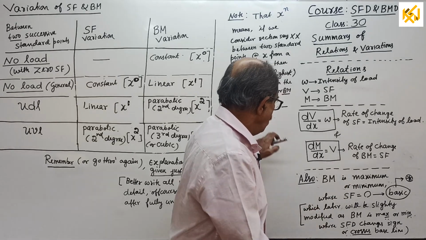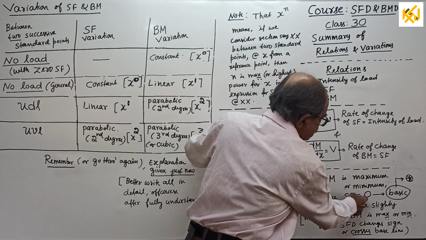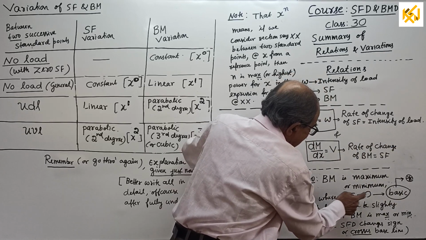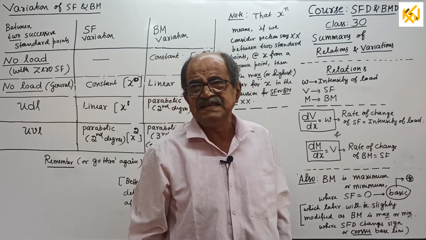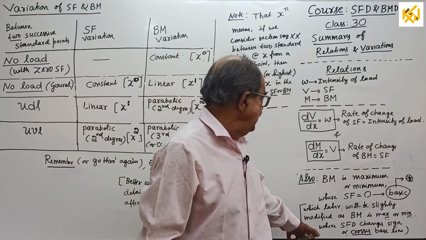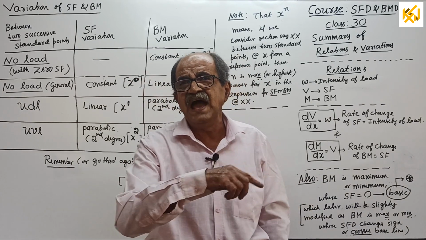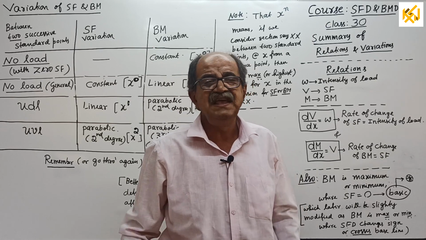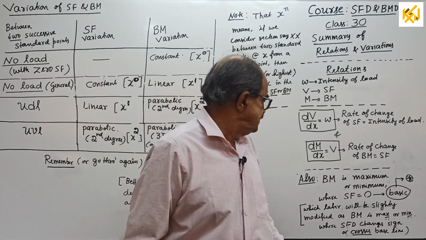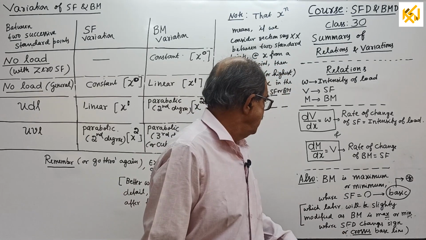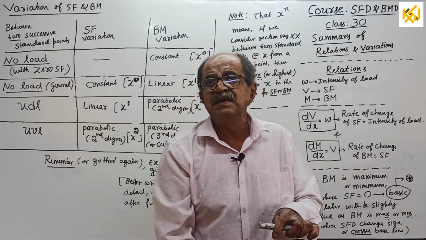So BM is maximum or minimum where shear force is 0 is the basic, which later will be slightly modified as: BM is maximum or minimum where the shear force diagram changes sign, or the shear force diagram crosses the baseline.